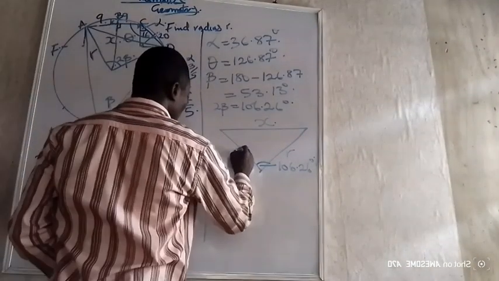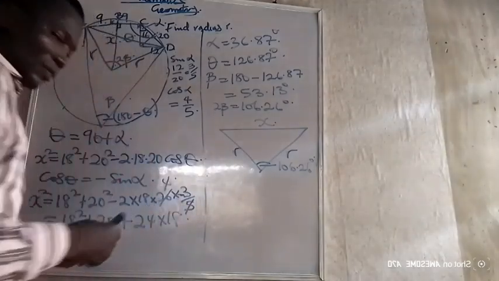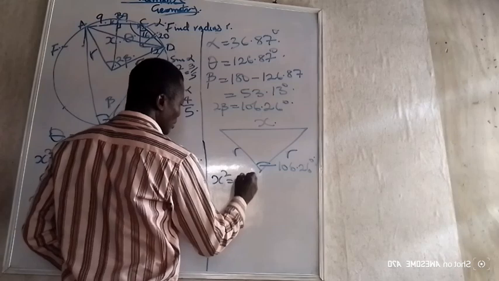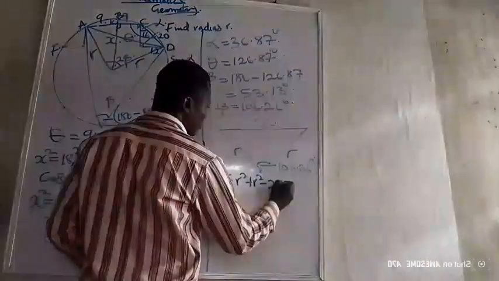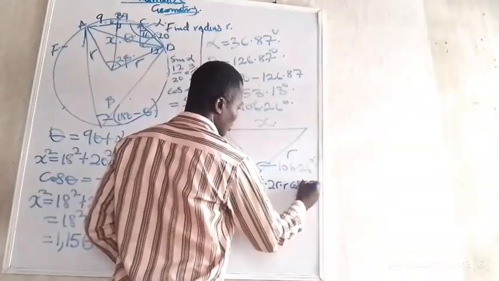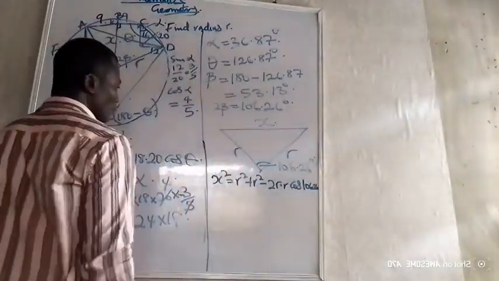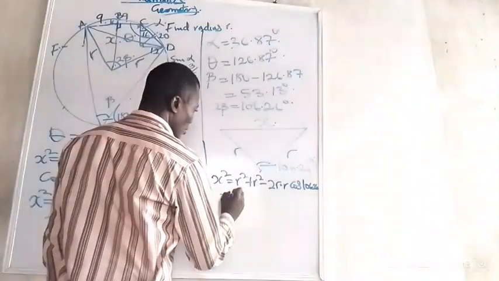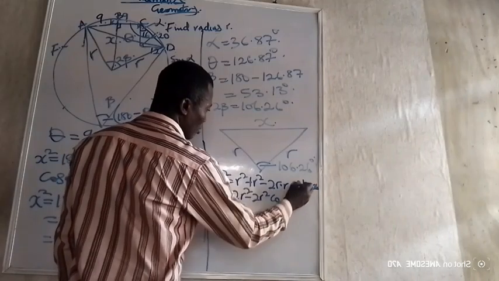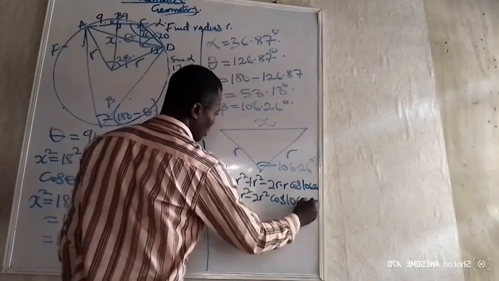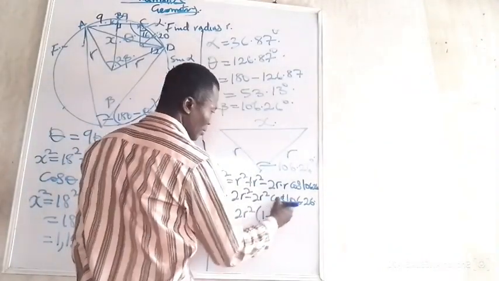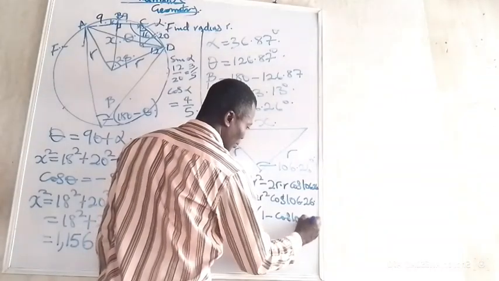We have x squared equal to R squared plus R squared minus 2R multiplied by R cos 106.26, which will give 2R squared minus 2R squared cos 106.26. So this will be 2R squared into 1 minus cos 106.26.